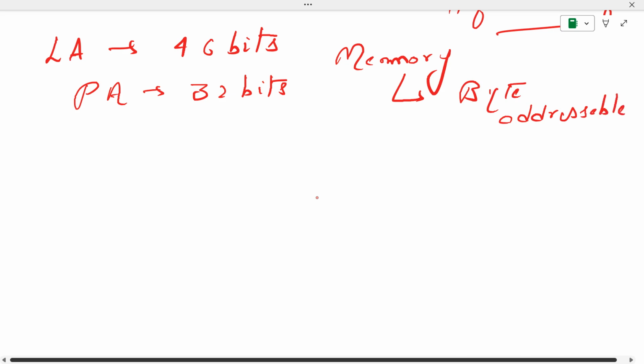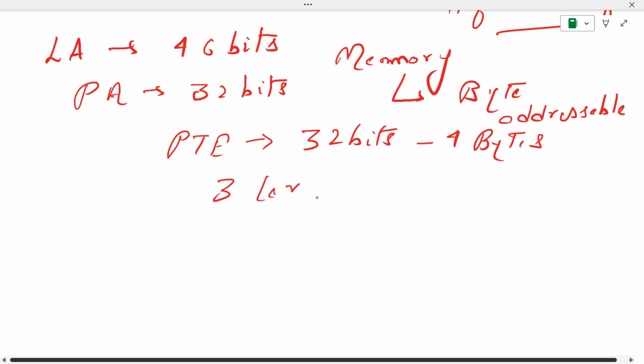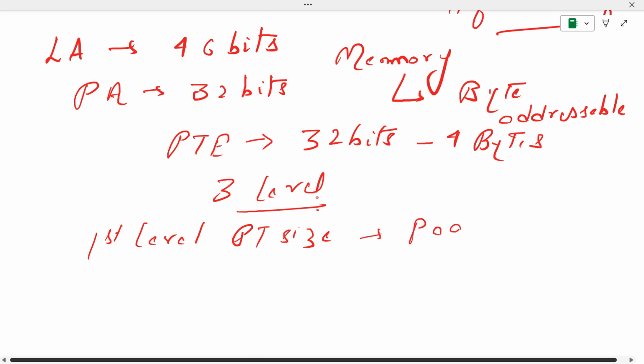Now, if we say that PTE, that is the page table entry, is equal to 32 bits, which is nothing but 4 bytes, right? And the OS has three levels of paging for mapping the logical address to physical address. And the first level page table size, first level PT size, is exactly the same as the page size.